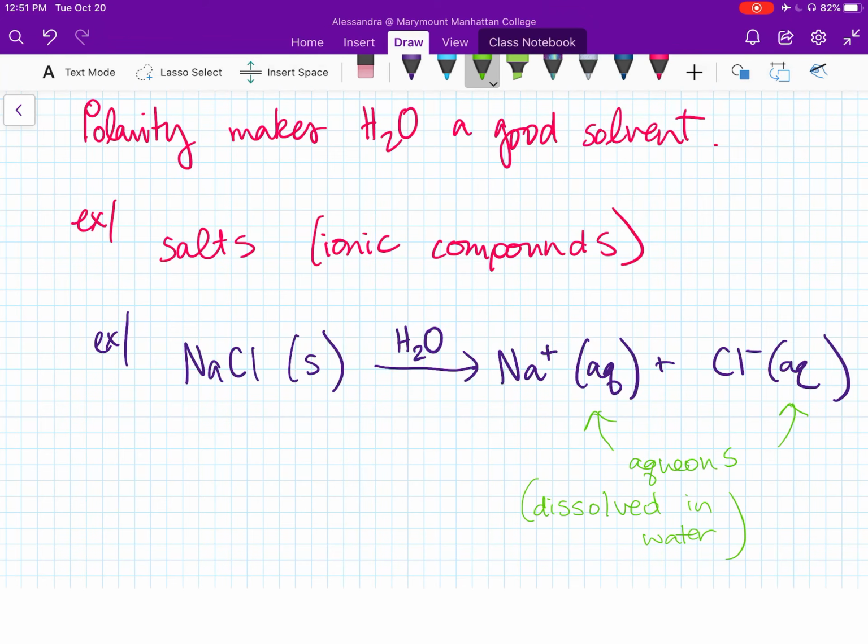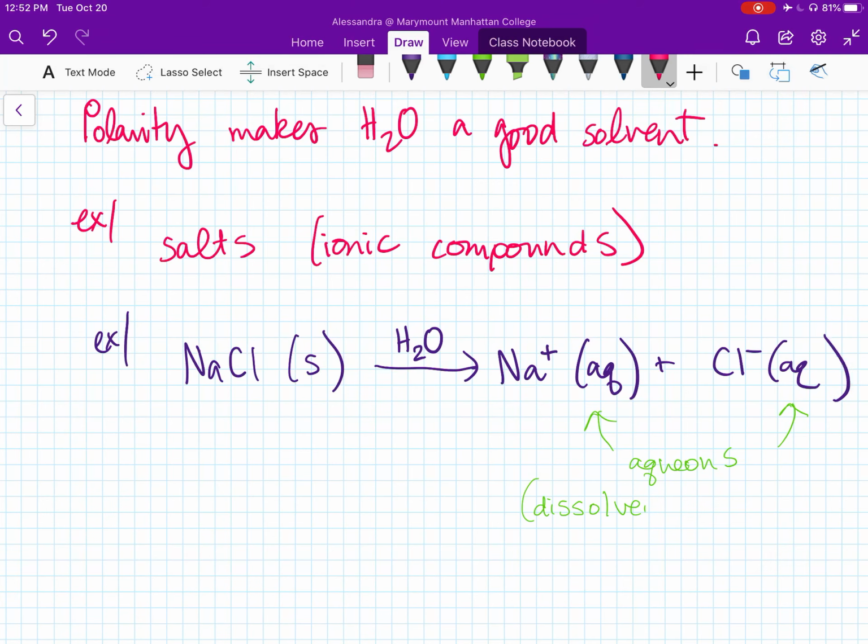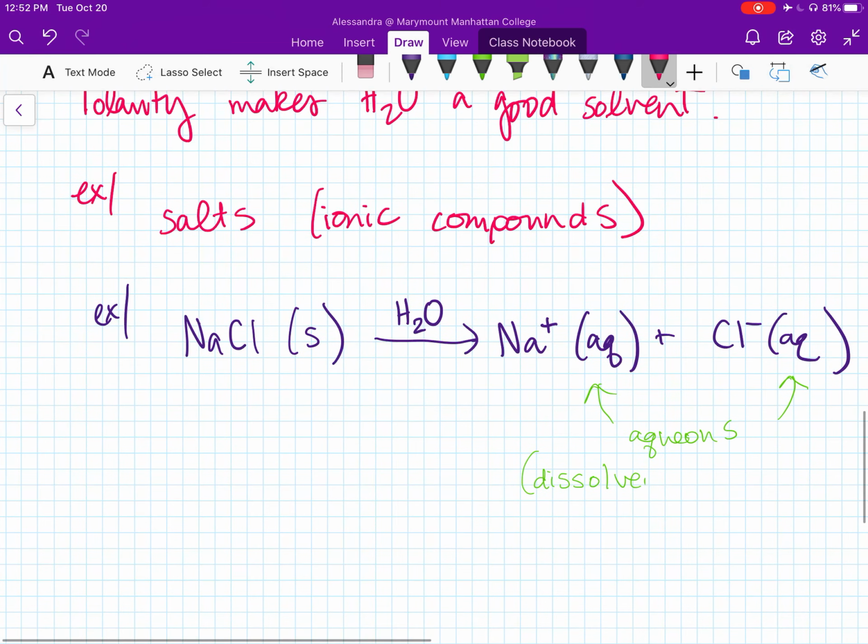This is such a common thing that we have its own specification when we write chemical reactions. What that looks like is you have the positively charged sodium ion, and you have your very polar solvent molecules, which cluster around that sodium, and they cage it.